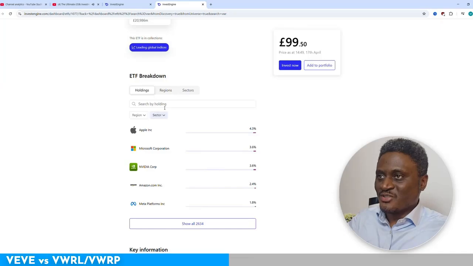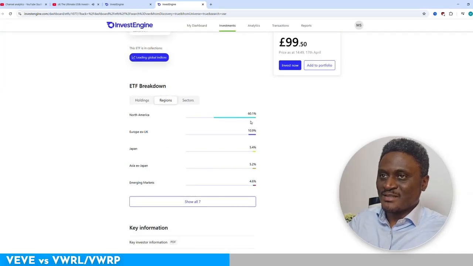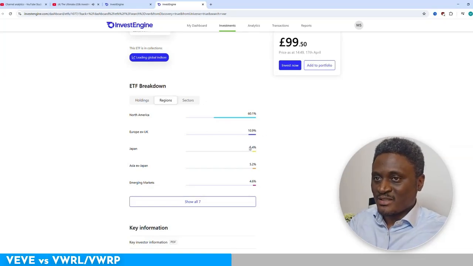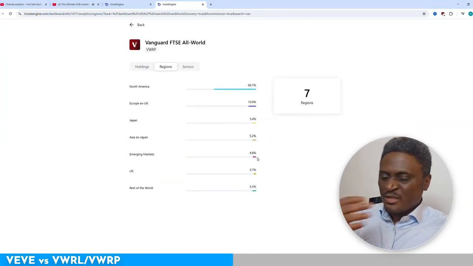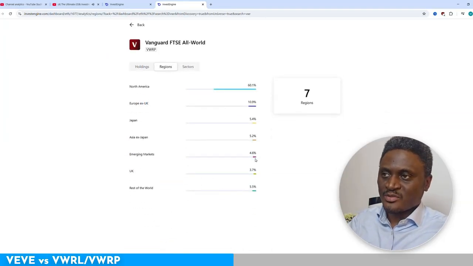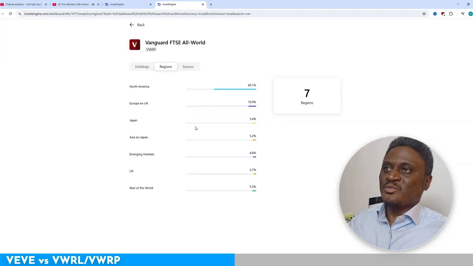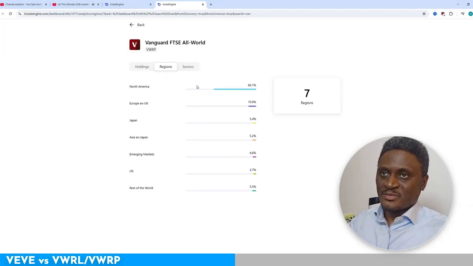If you look at the regions, like 60% of that is North American companies, that's basically the US and a little bit of Canada. 10% of that is Europe, excluding the UK, 5% in Japan, 5% in Asia, excluding Japan. And then you have emerging markets being 4.6%, which is effectively, the bulk of emerging markets is effectively China. So this is what your VWRL or VWRP would look like in terms of split.